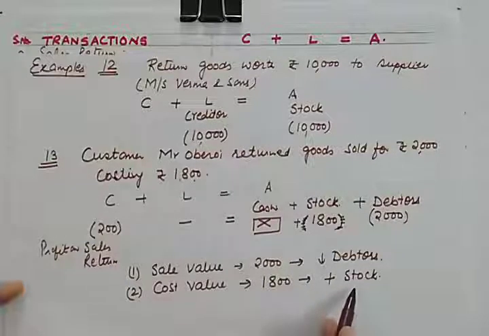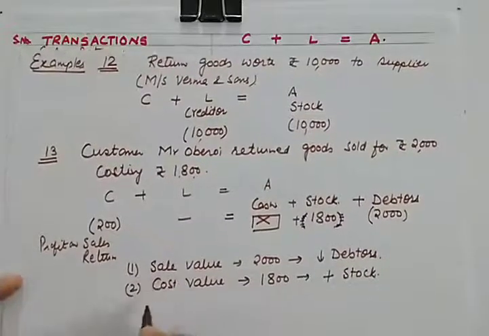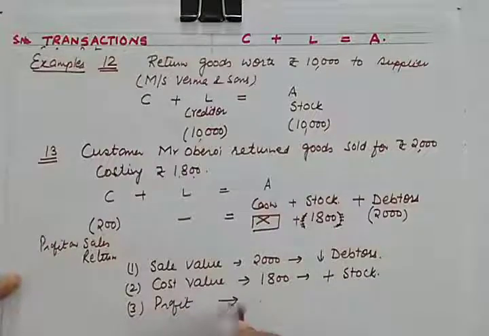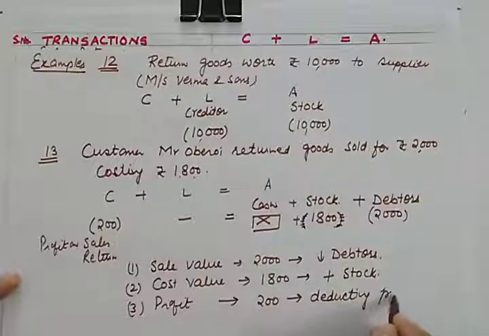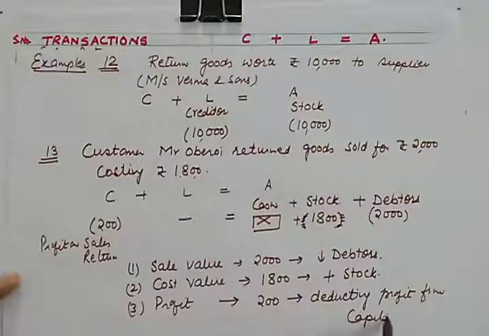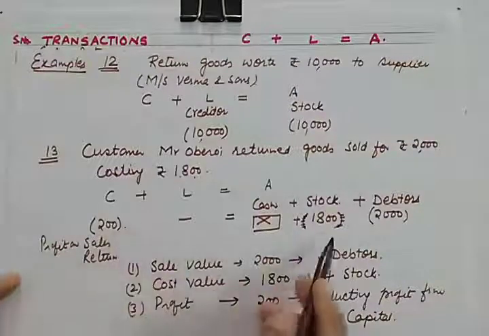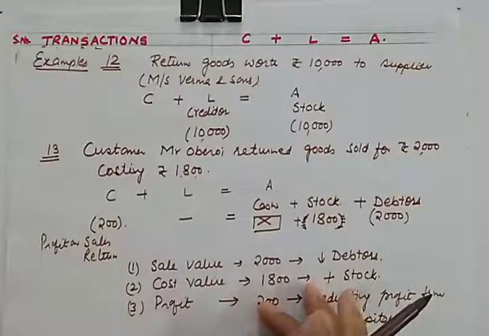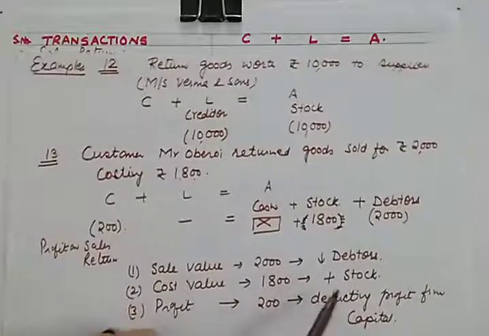Because the customer has returned the goods, so this will increase our stocks. And third is profit, and profit is 200, so we'll be deducting this profit from the capital. What is the reason? The reason is that this is not a profit now, because goods are returned by the customer.